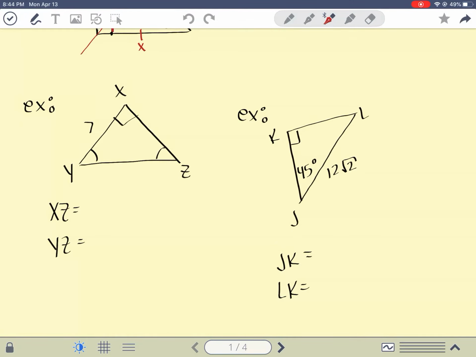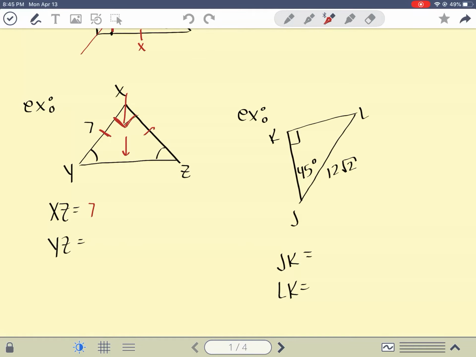We have several examples to look at today. First, in triangle XYZ, here is my right angle, so this over here is my hypotenuse. The quick and easy one is XZ, my other leg.